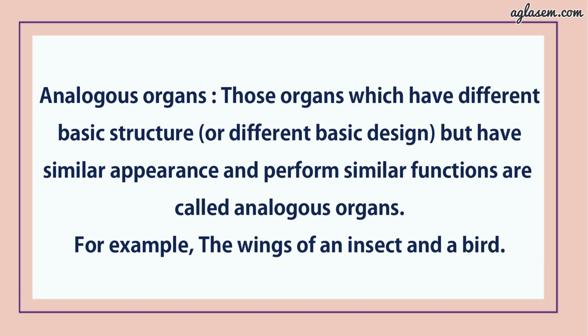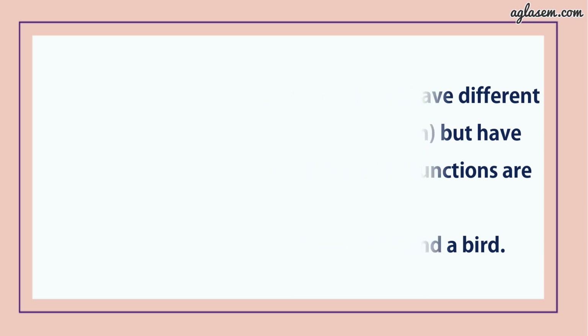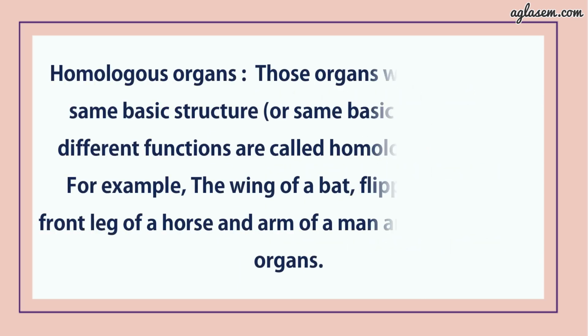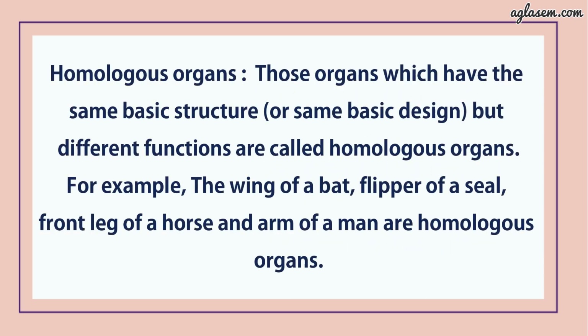For example, the wings of an insect and a bird are analogous organs. Second is homologous organs. Those organs which have the same basic structure or same basic design but different functions are called homologous organs. For example, the wing of a bat, flipper of a seal, front leg of a horse, and arm of a man are homologous organs.